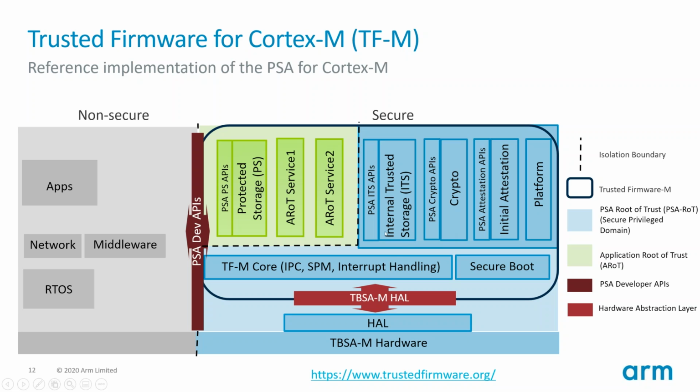For example, writing into the flash, the internal storage, is done differently on every device. Different crypto engines can be available, and this again is device specific. So the APIs are the same, but the implementations are unique for every device, and they use the HAL of the specific device.